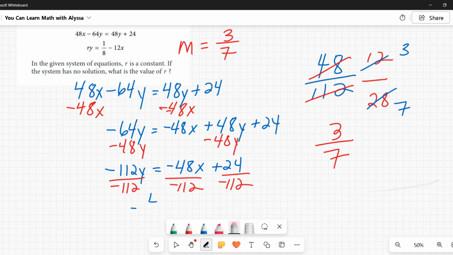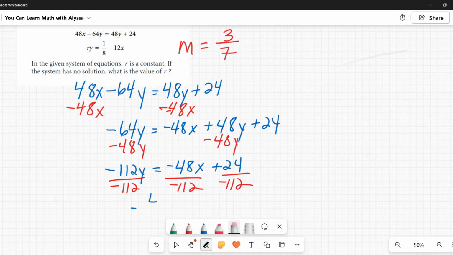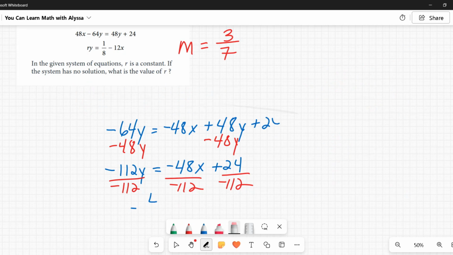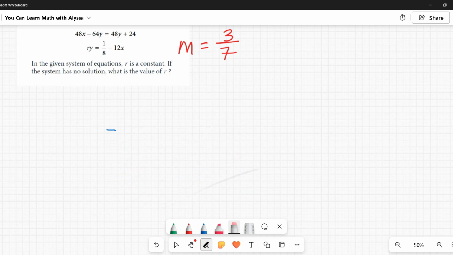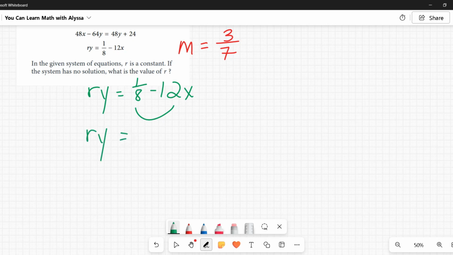Okay, so now we're going to need the space, so this all has to go. We're going to move on to our second equation, and that is r times y equals 1/8 minus 12x. And I'm going to reorder those so it looks more like my y equals mx plus b. ry equals negative 12x plus 1/8.